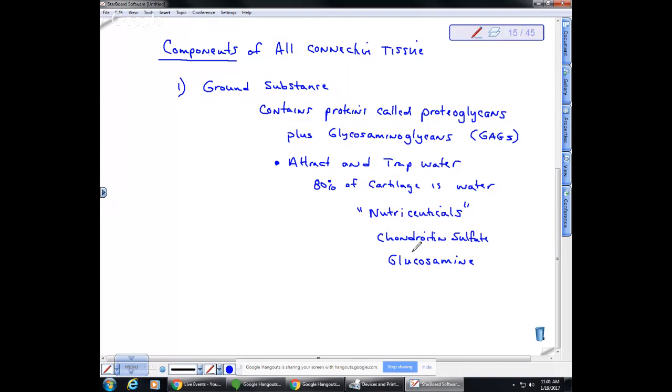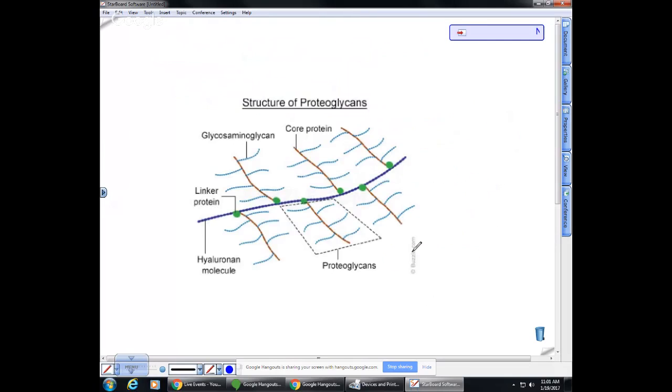Okay, so if we look at a picture of the proteoglycans and the glycosaminoglycans, okay, this is the proteoglycan. Actually, this is the core protein, right? And then this is the carbohydrates that come off of it. And you might have heard of hyaluronic acid, so that's also a part of this proteoglycan. And then these are the carbohydrates that trap water.